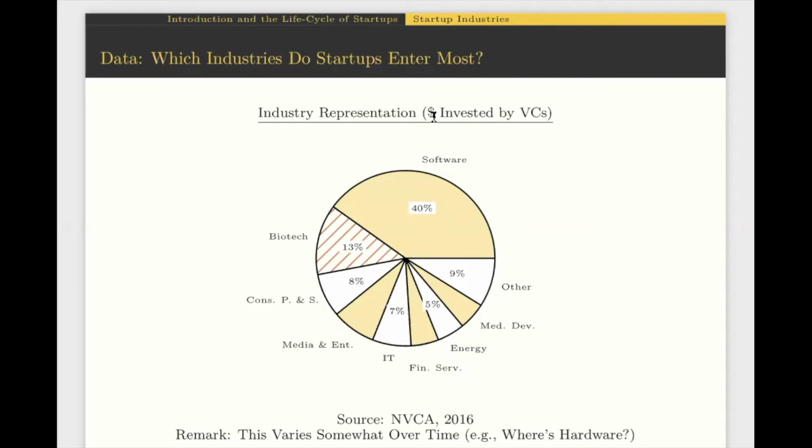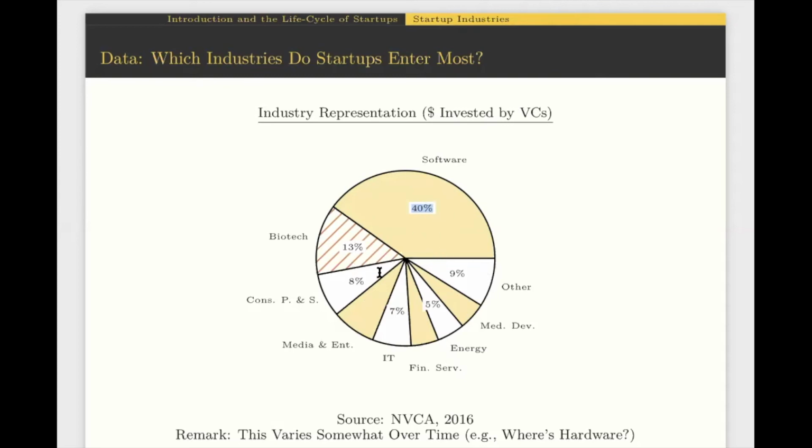So we can see 40% of all dollar investment made by the venture capital sector, this is specifically in the US, in 2016, went to software startups. 13% went into the biotech sector, 8% went to consumer products and services, and then we've got our other categories here. And so this is kind of what the distribution looks like in 2016.